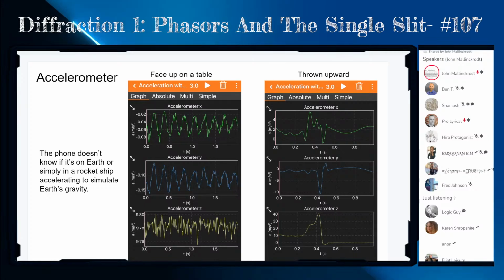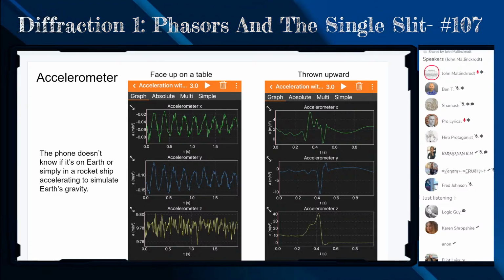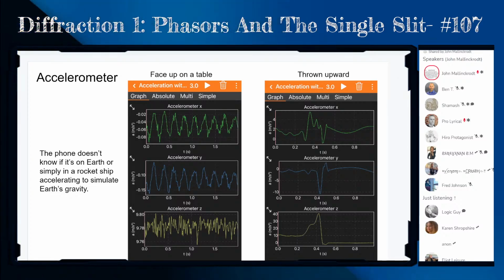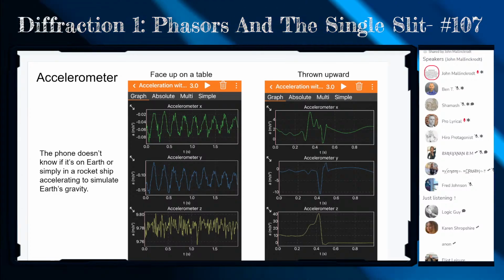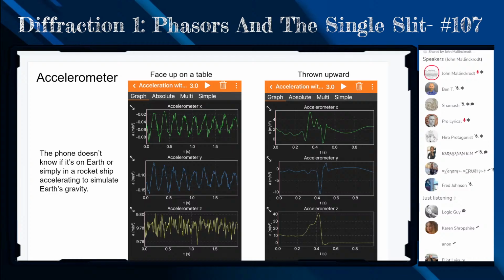But of course, the phone doesn't know if it's on Earth or in a rocket ship which is accelerating in order to simulate Earth's gravity. If you had a rocket ship accelerating in one direction at 9.8 meters per second squared, and you put the phone on the, quote, floor of that rocket ship, it would correctly determine that the rocket ship is accelerating upward at 9.8 meters per second squared.